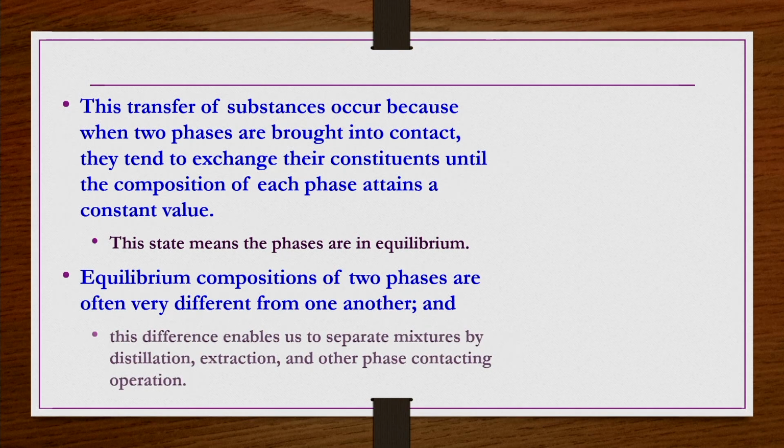Equilibrium compositions of two phases are often very different from one another, and this difference enables us to separate mixtures by distillation, extraction or any other phase contacting operations in general. Indeed, the difference between the equilibrium compositions defines how easy or how difficult a given separation process is.